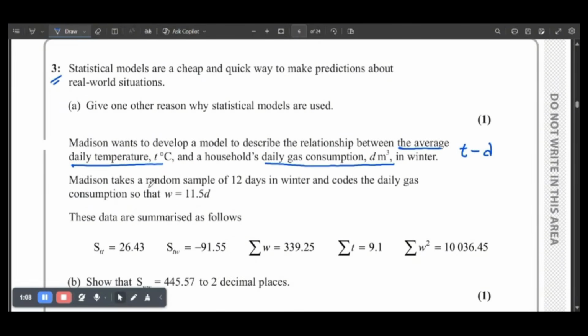Madison takes a random sample of 12 days. So n here, the total number of data, is 12. And she quotes the daily gas consumption as W equals 1.5 D.